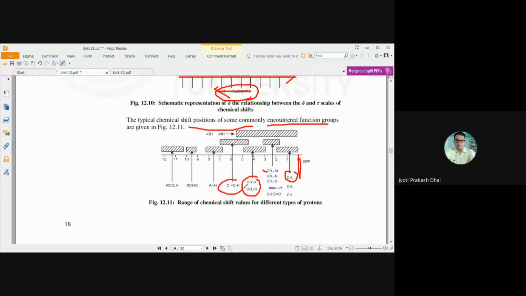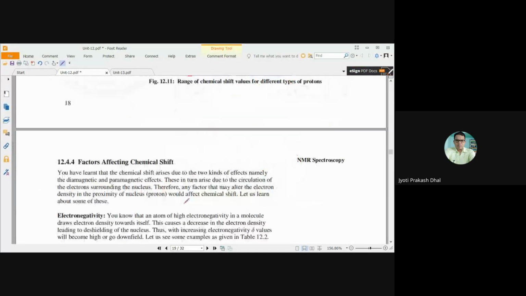Similarly, if a vinyl group is there, the position of delta is around 6. For aromatic hydrogen, the position is between 7 to 8. For aldehyde, the position is between 9 to 10. For carboxylic acid, the position is between 11 to 12.